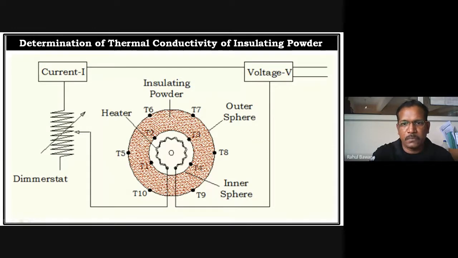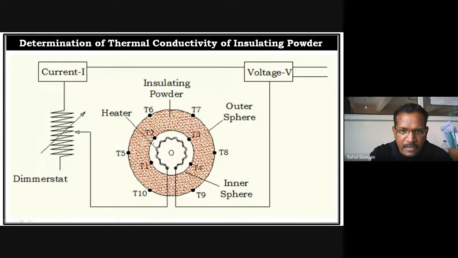Remember, it is in granular, powder form. One heater is provided inside the inner sphere, and it is connected with a dimmerstat. With the help of the dimmerstat, we can vary the voltage and corresponding current, so we can adjust the heater to provide a particular amount of heat.